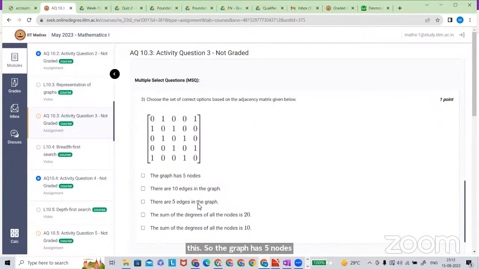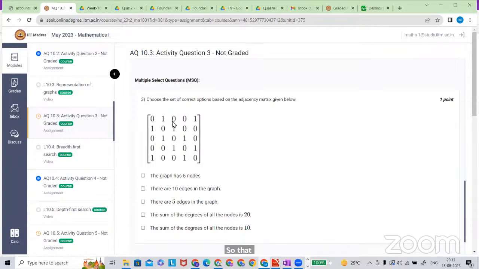What's your doubt here? Sir, I did not understand how many degrees are going to be there. The sum of the degrees of all nodes is 20. Okay, so how is the sum of all the nodes 20, sir?